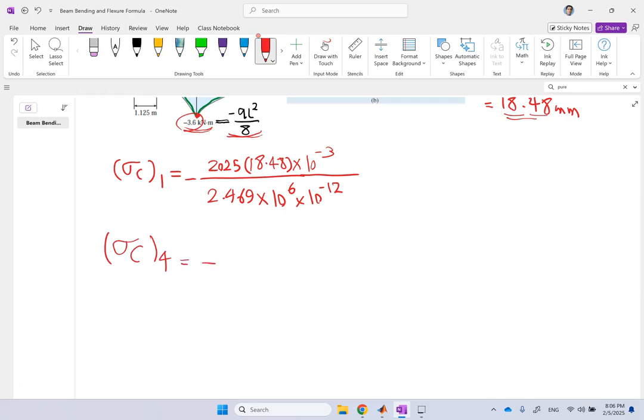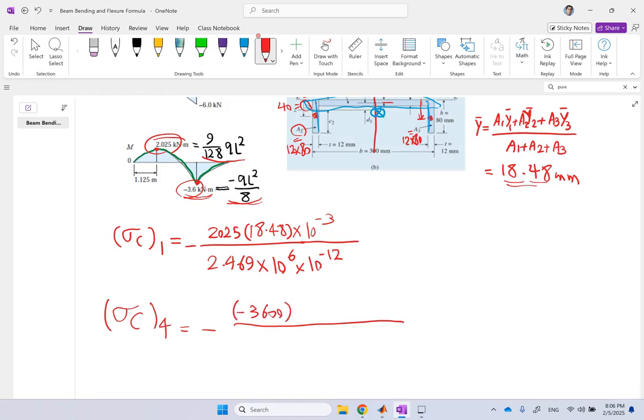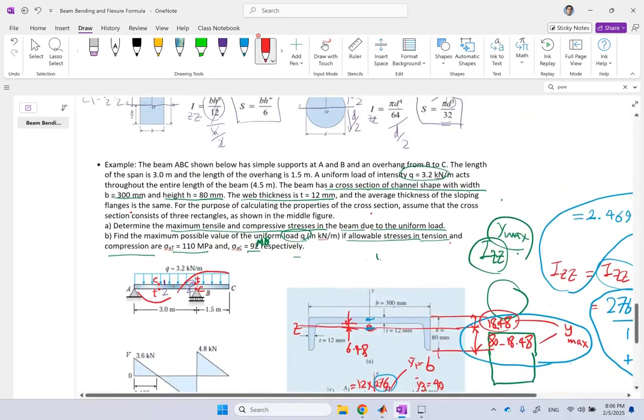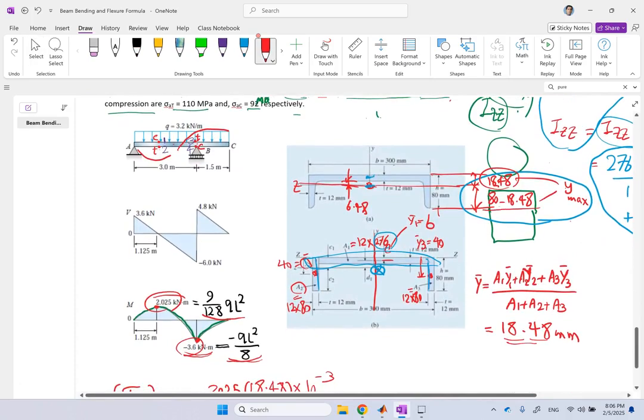If I go with point 4, again, negative of, now M at point 4 is this negative 3600, so I'm gonna write it down here. And then there is y for point 4. Now, if you'll see, point 4 is at the bottom, and y of it is negative. Negative how much? Negative of this number, which is 6152, right?